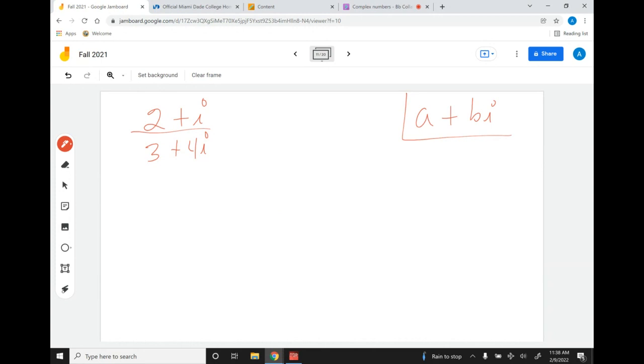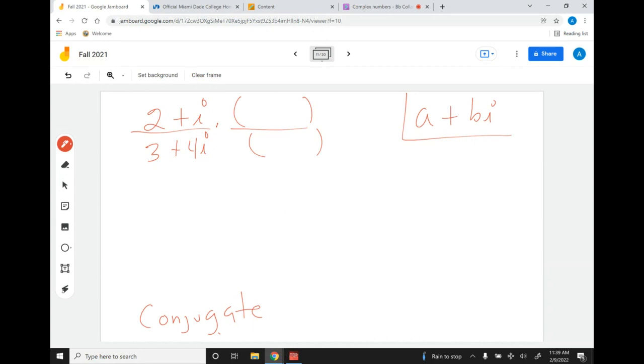This is the trick. Multiply top and bottom by the conjugate of the denominator. Here's a word that you may not know: conjugate. What is the conjugate of the denominator?